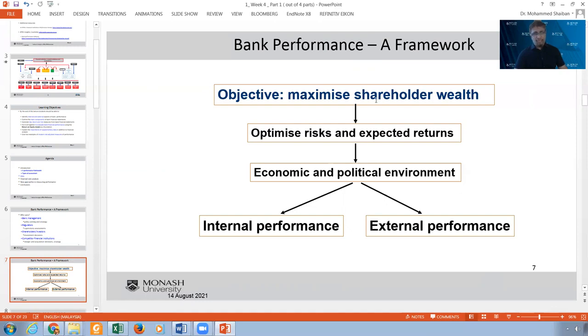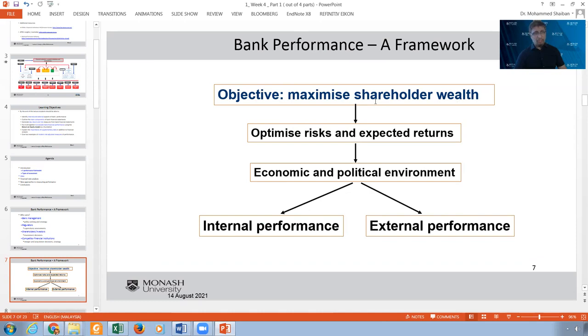So I can take risk in order to get more return, which means I can give more and more loans, even risky loans, and increase the risk, as long as the benefit to the shareholders from the return exceeds the harm of the risk to the shareholders' value. So as long as that function is positive, we keep taking risk, and I will talk about this in the second slide.